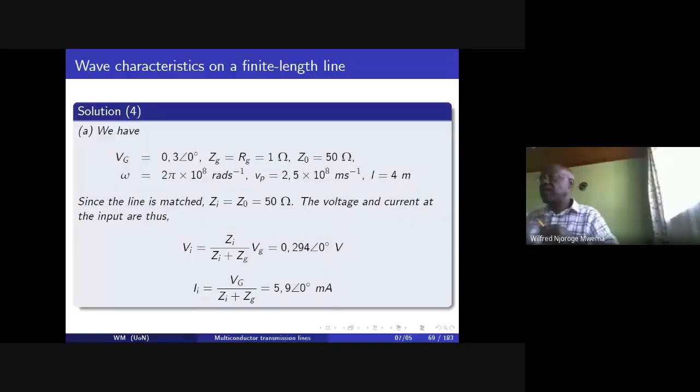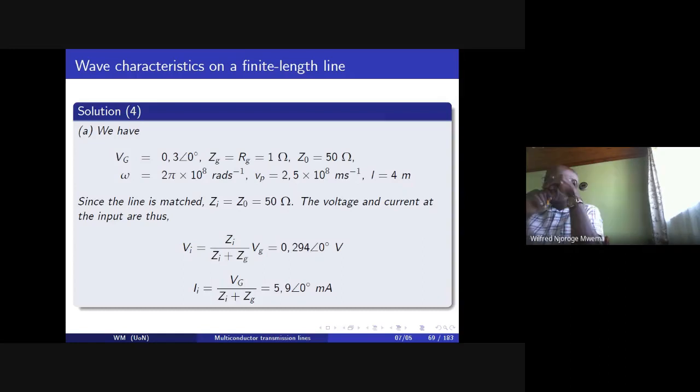Extract out the information that you require. Okay, so we have been told that the line is matched, and therefore we know that the input impedance is just going to be equal to the characteristic impedance of the line, and that is going to be equal to 50 ohms. The voltage and current at the input will therefore be given by what we already found before, Zi over Zi plus Zg multiplied by Vg, and we get a value of 0.294 at 0 degrees phase angle.